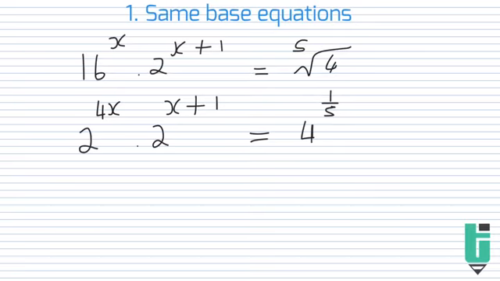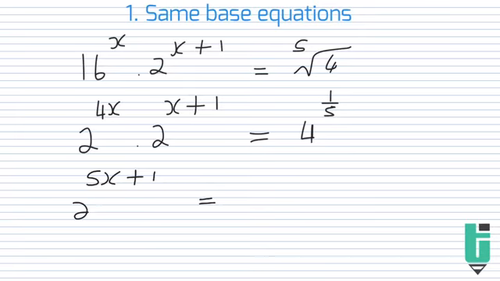The first thing I want to do on the left hand side is simplify this expression. Because we have a common base of 2 and we're multiplying these two together, we can simply add the exponents. So we have 2 to the power 4x plus x plus 1, which will give us 5x plus 1. On the right hand side we have 4 to the power of a 5th.